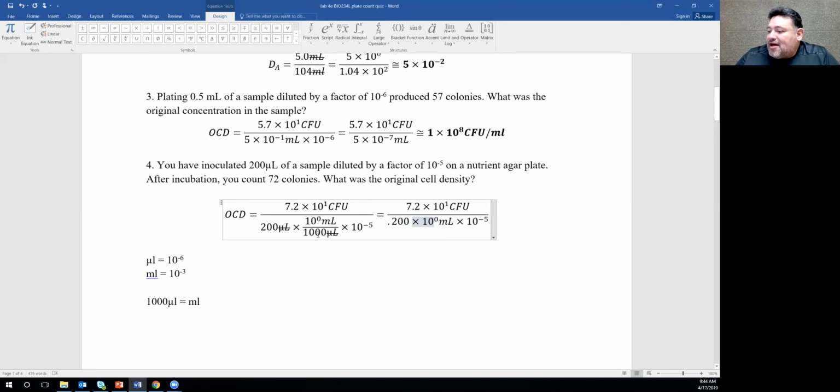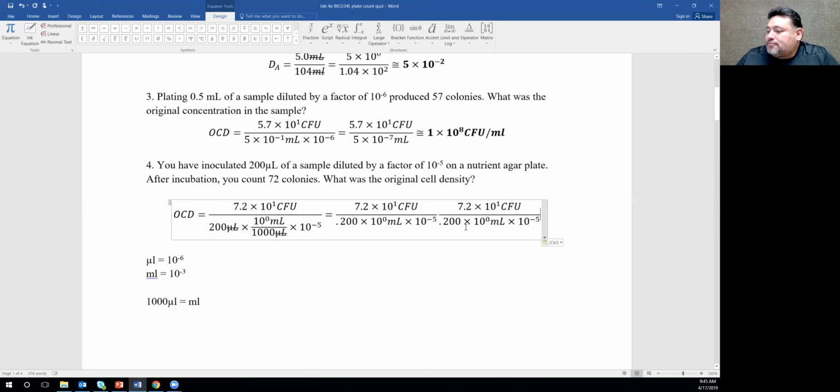And then the 200 divided by 1,000 became this 0.200. All right. Let's keep on going. Let's put this over here. And we need to put an equal sign there.